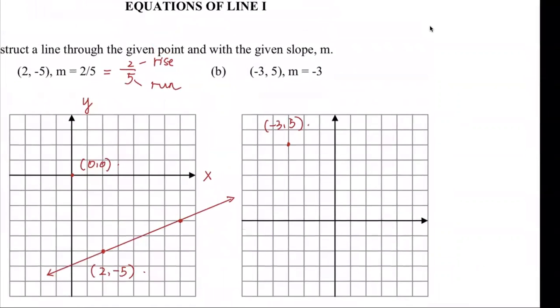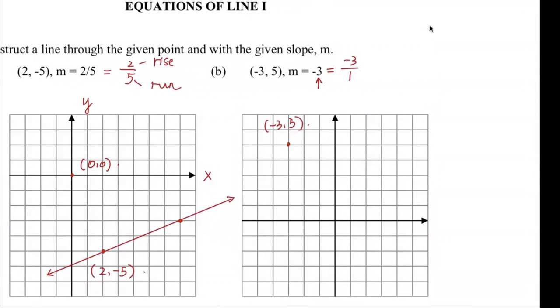Here, the slope is -3. This is not a fraction. So here, we cannot read the rise and run directly off this number. This is when we need to write this integer in the form of a fraction. So we need to write -3 as, for example, -3 over 1.